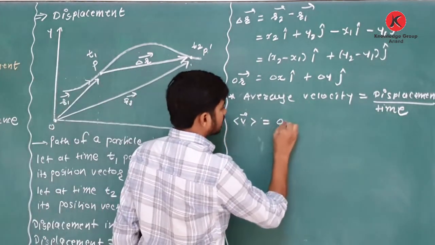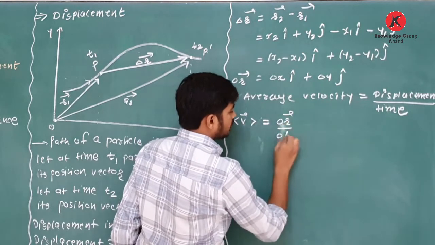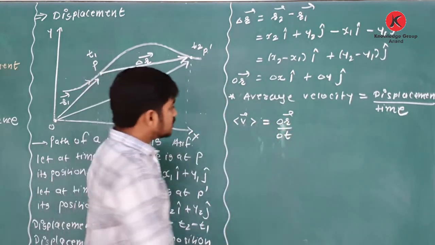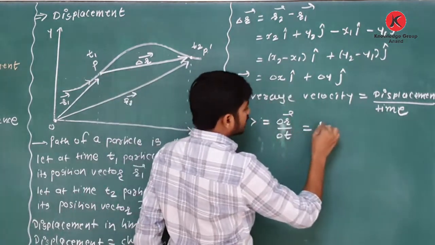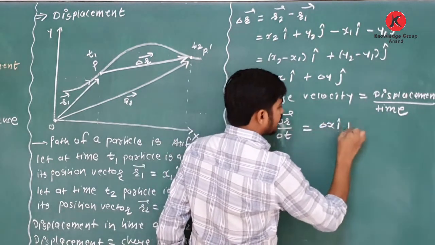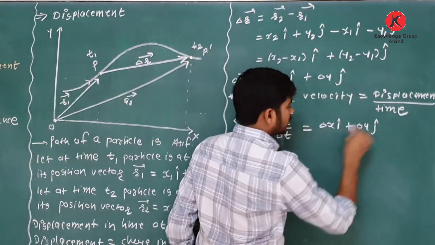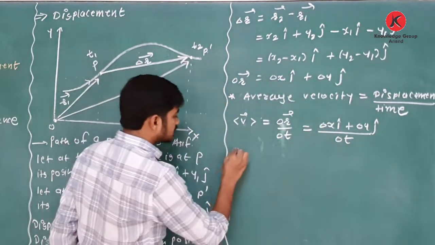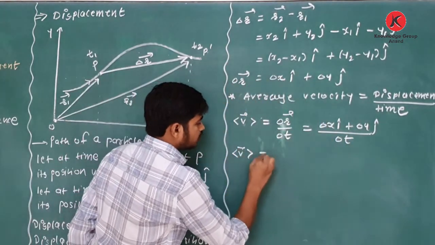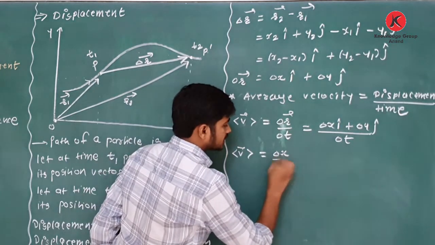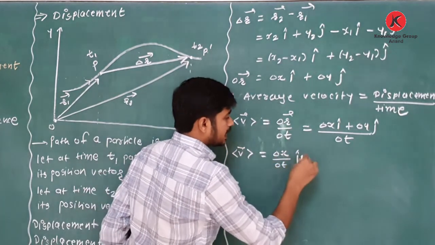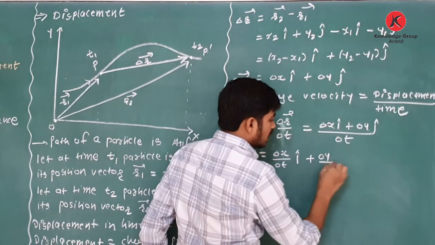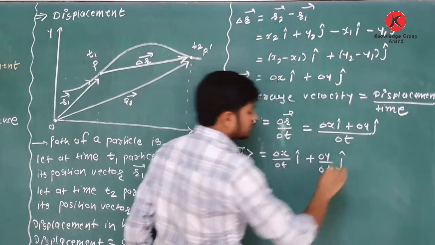What is displacement? It is delta r upon delta t. Clear about this? What is delta r? Here it is delta x i caret plus delta y j caret divided by delta t. So I can also write this equation as v is equal to delta x upon delta t i caret plus delta y upon delta t j caret.